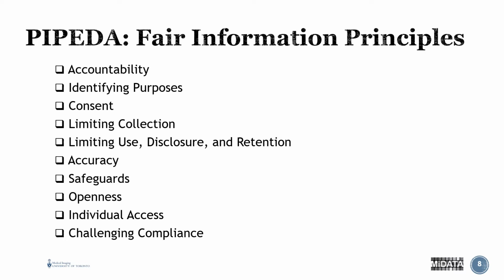The limitation of collection, use, disclosure, and retention just means that if you do gain access to data, you are limited in how long you have access to that data and for what purpose you can use it. So you can't, after 6 months, decide, oh, wow, look at all this fantastic data I have, I'm going to use it for something else. You can't do that. Accuracy, safeguards, openness, I think that's all pretty standard.